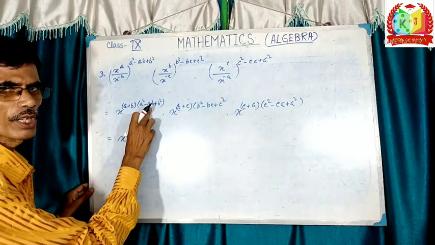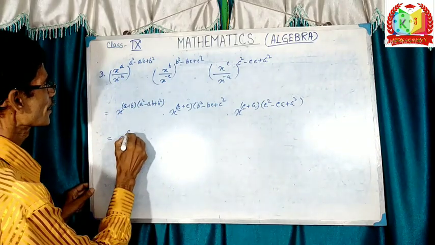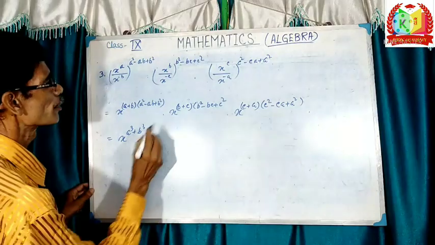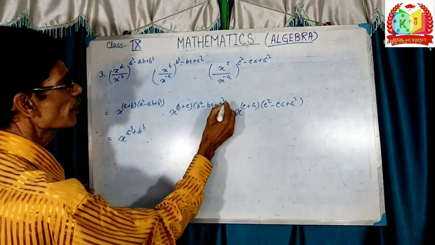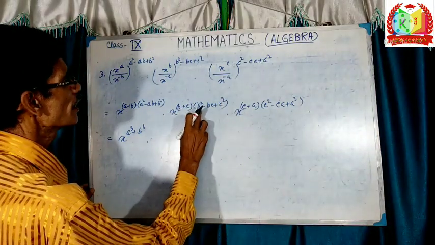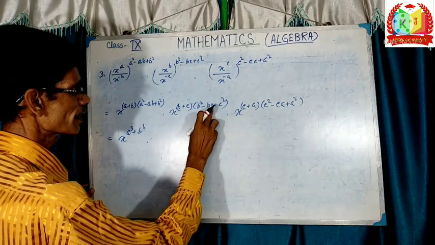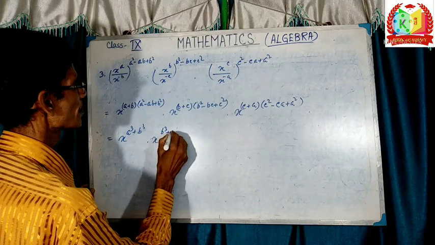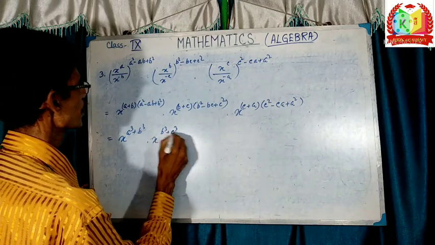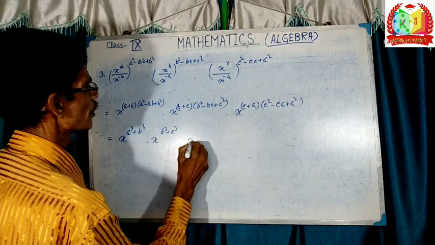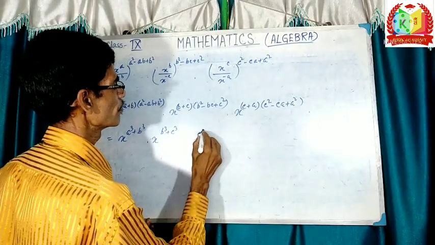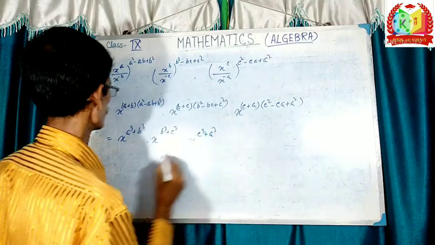So it is a formula of a cube plus b cube. Into here the same formula b plus c into b square minus bc plus c square, so x to the power b cube plus c cube, into x to the power same formula c cube plus a cube.